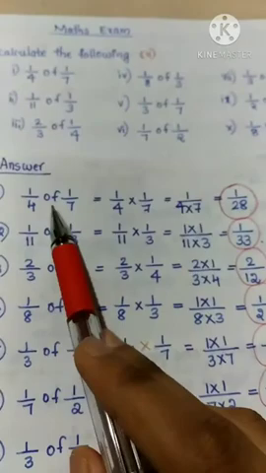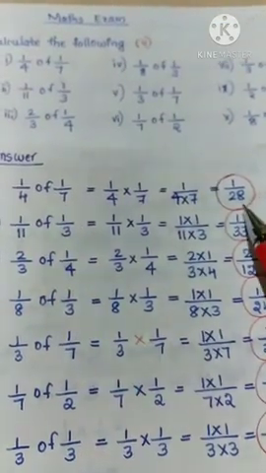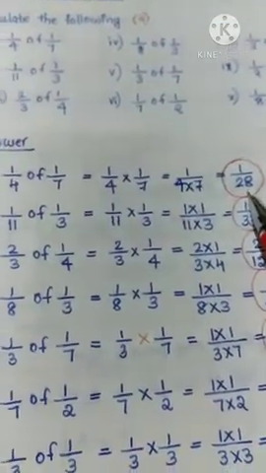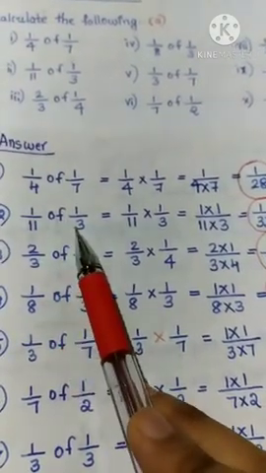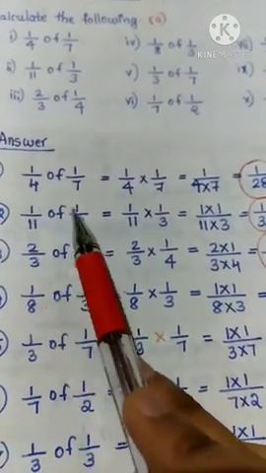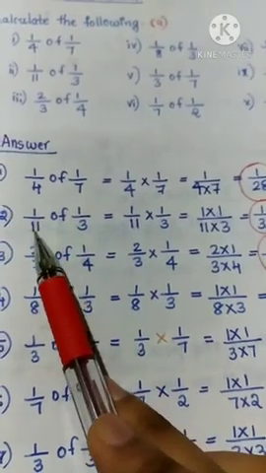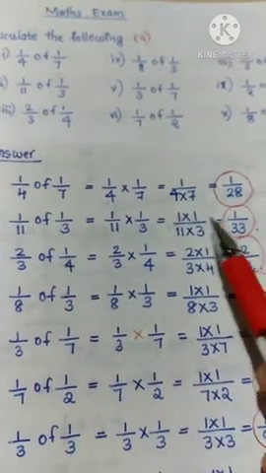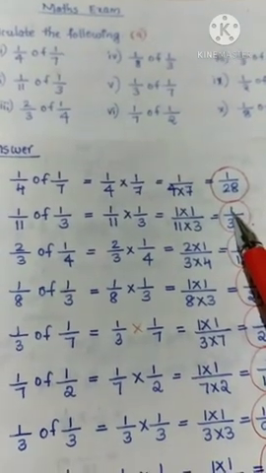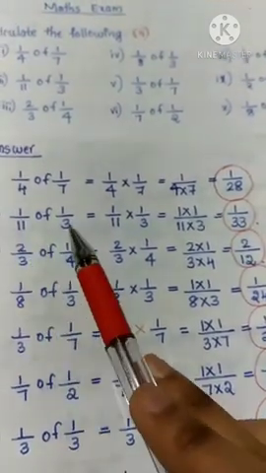So 1 by 4 of 1 by 7 is equal to how much? 1 by 28. Then second question, 1 by 11 of 1 by 3. So we have to multiply the numbers in numerator and numbers in denominator. So 1 into 1 is 1 divided by 11 into 3.